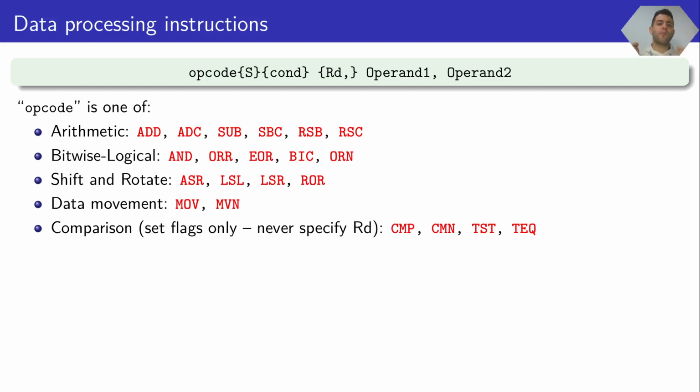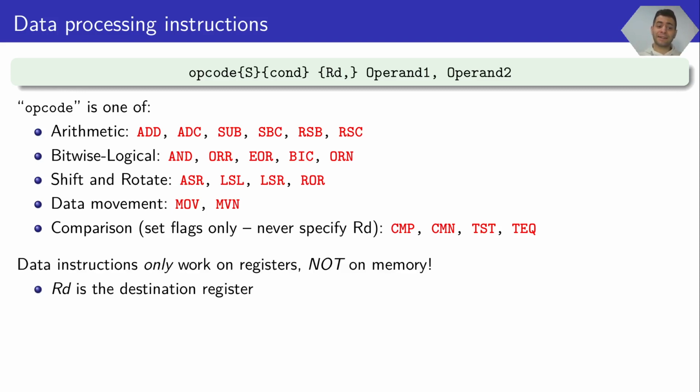So when we are comparing two values, if such values are equal, then we will set the zero flag in the CPSR register. And this is the reason why the comparison instructions never specify a destination register. They are always here just to modify the CPSR register according to the result of some operation.